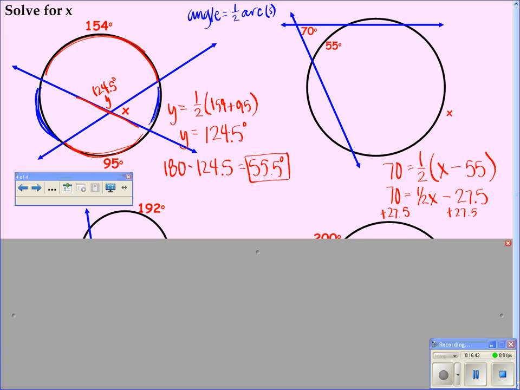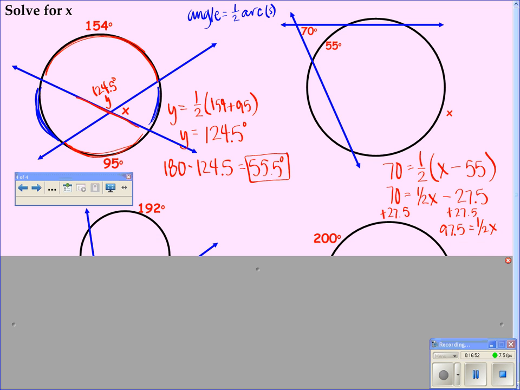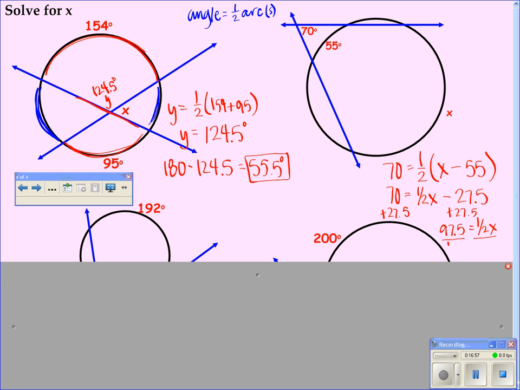So we've got 97.5 equals 1/2 x. What's the last step? Not divide by 2. You can either multiply by 2 or you can divide by 1/2. Both will get you the same answer.